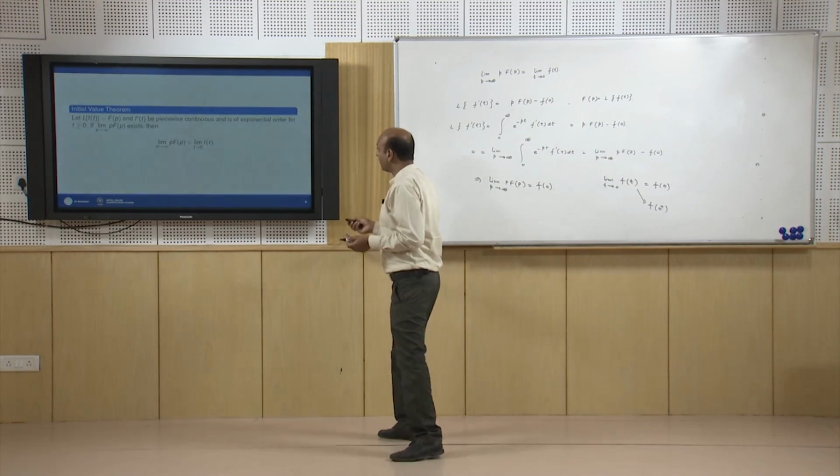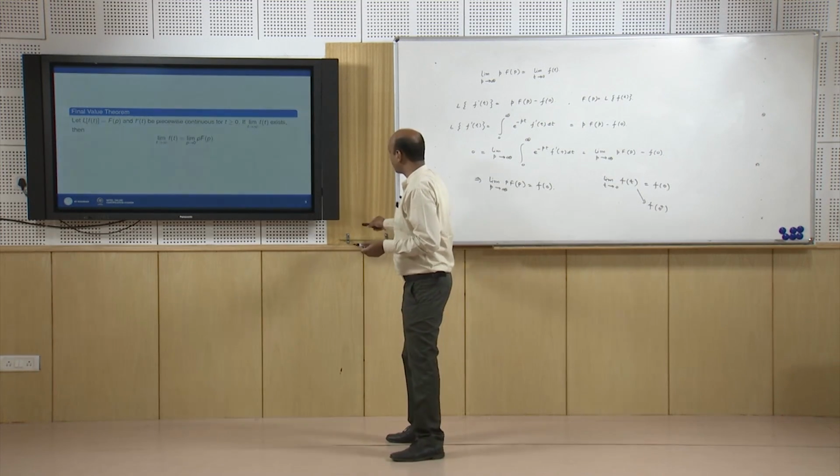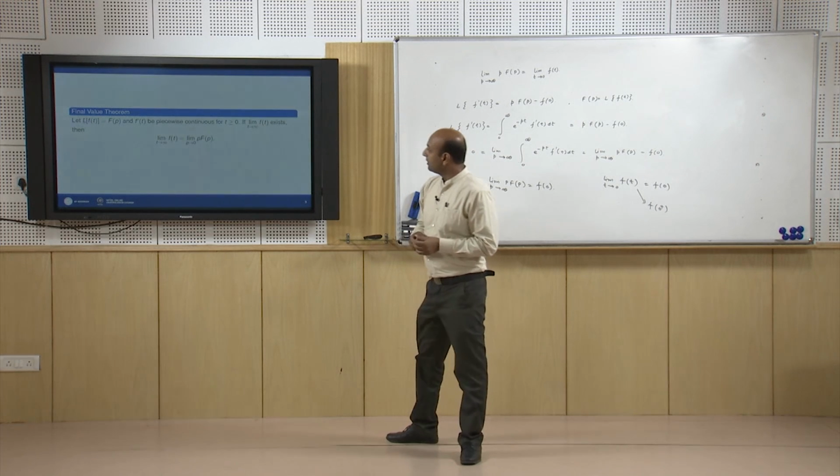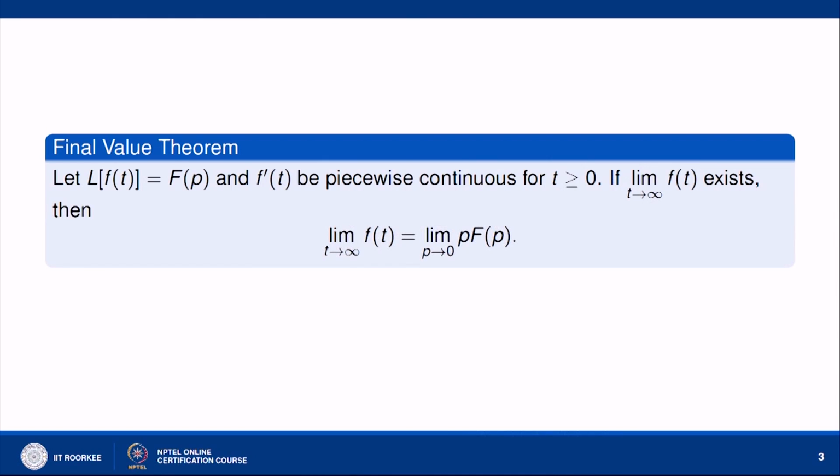Now, we will come to the final value theorem. Let us see what the final value theorem states. If Laplace transform f t is f p, suppose, and f dash t is piecewise continuous for t greater than or equal to 0, and if limit t tending to infinity f t exists, then this result holds. What is this result?